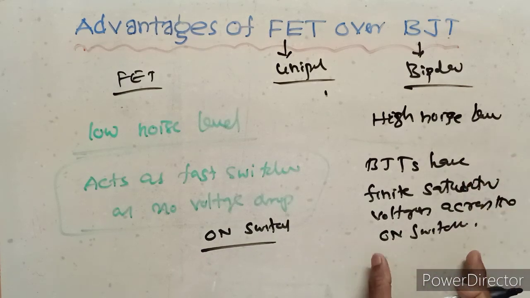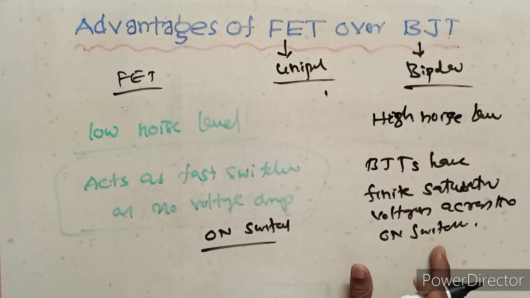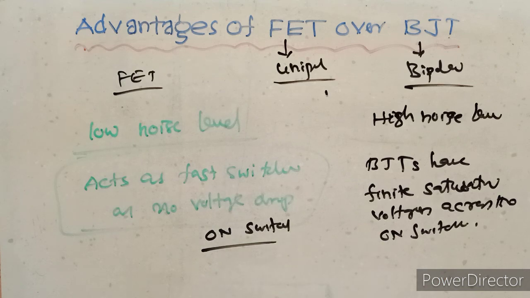BJTs have finite saturation voltage across the on switches. So FETs act as fast switches as no voltage drop exists across the on switches, while BJTs have finite saturation voltage across the on switches. These are the differences, similarities and advantages of FET over BJT.